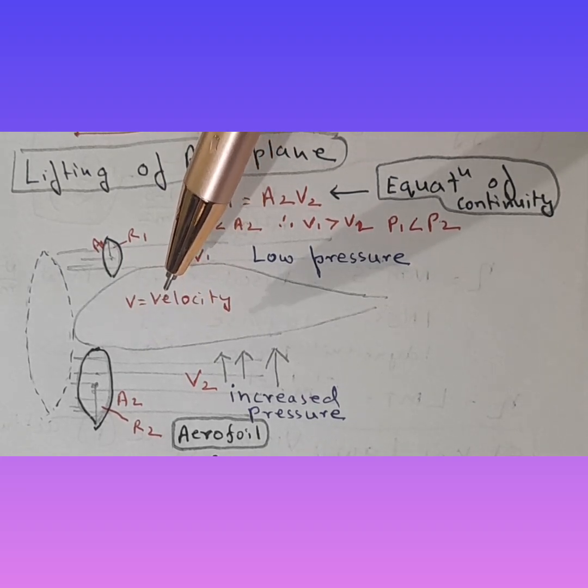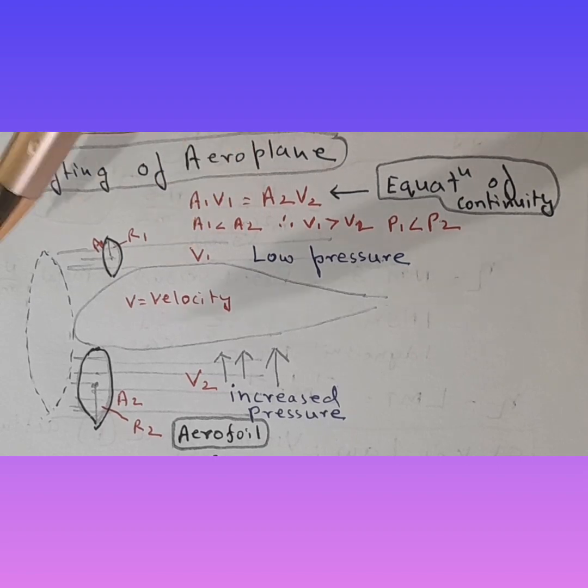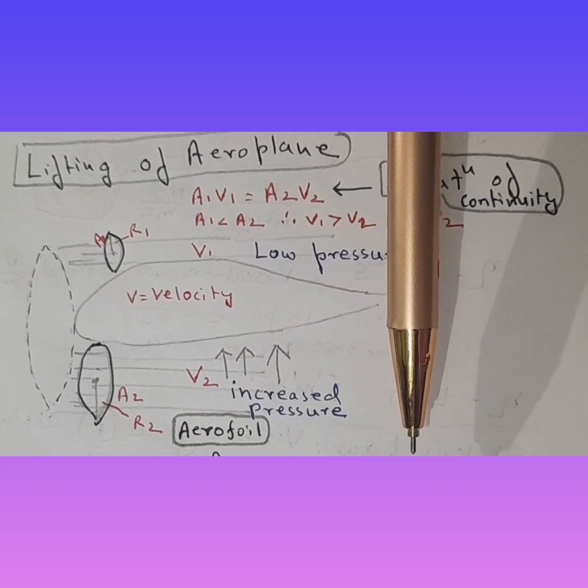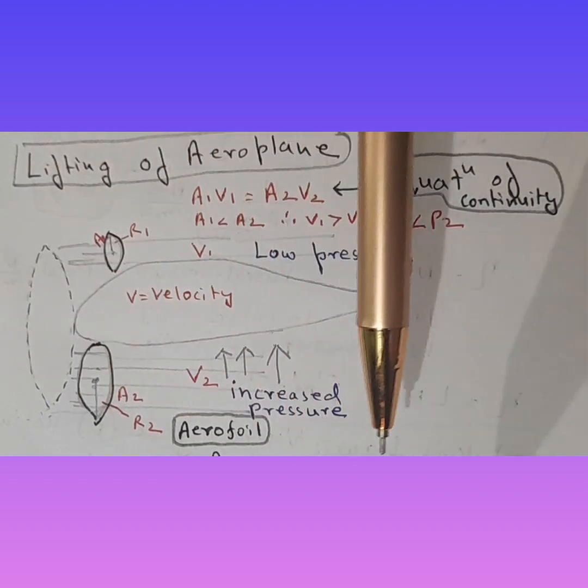Best example to consider. Now this is a tube of air which is flowing through the aerofoil.